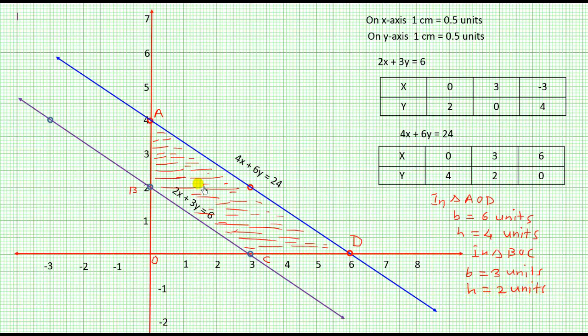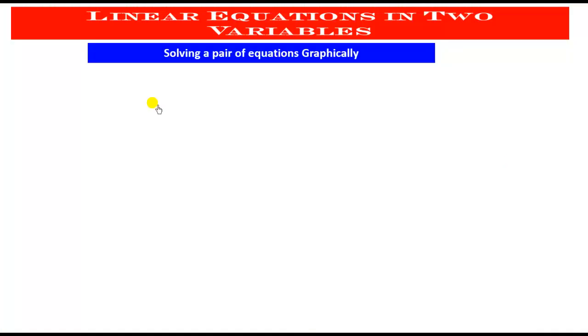And now we will find the area of the shaded region.